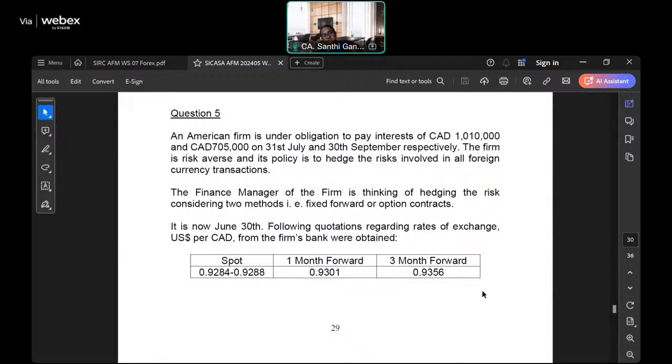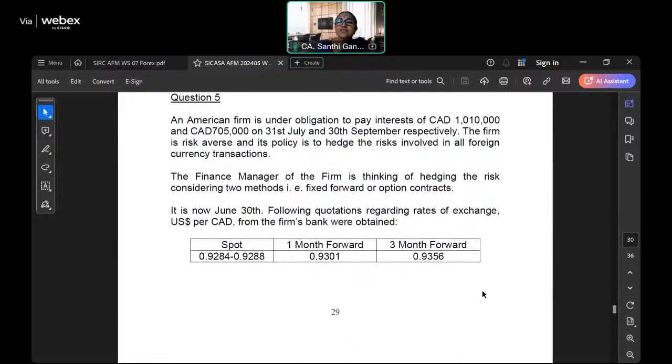The firm is risk averse and its policy is to hedge the risk involved in all foreign currency transactions. The finance manager is thinking of hedging considering two methods, fixed forward or option contract.